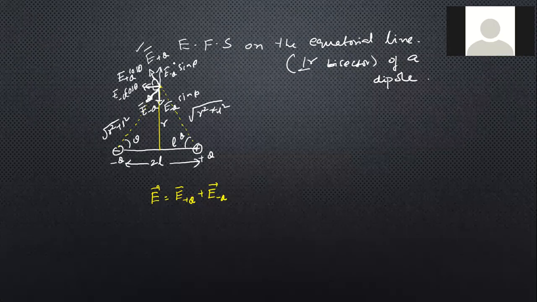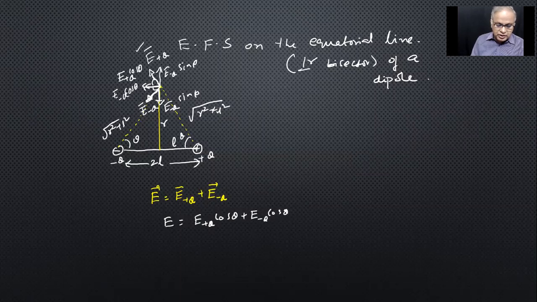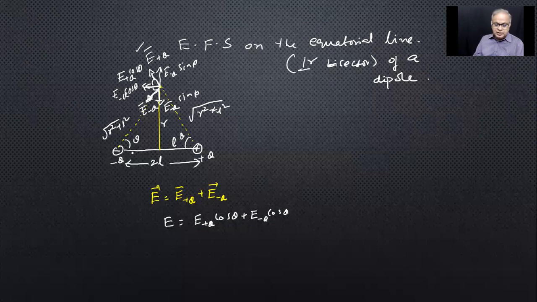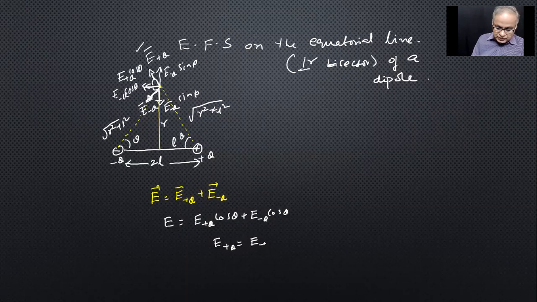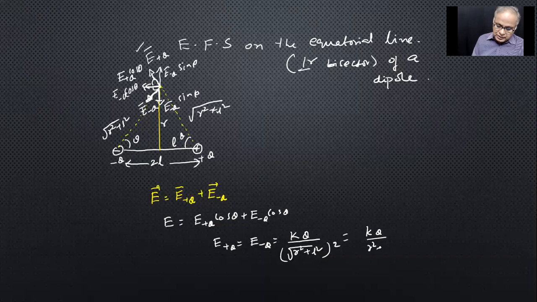So E will be now in magnitude form: E due to plus q cos theta plus E due to minus q cos theta. No integration, only two charges are there. E due to plus q is equal to E due to minus q, in magnitude terms, kq by (root of r square plus L square) whole square, so kq by r square plus L square.